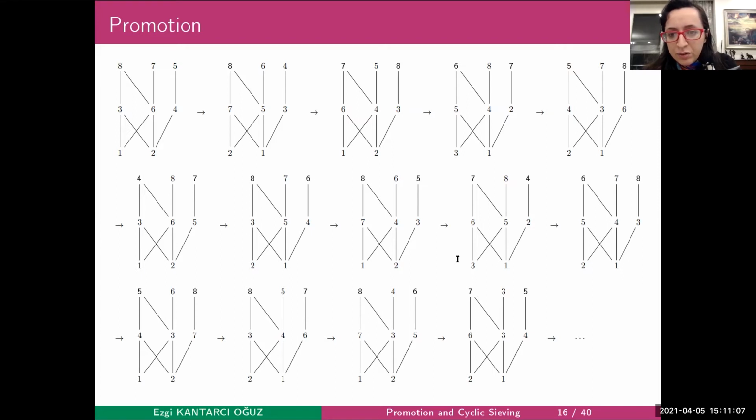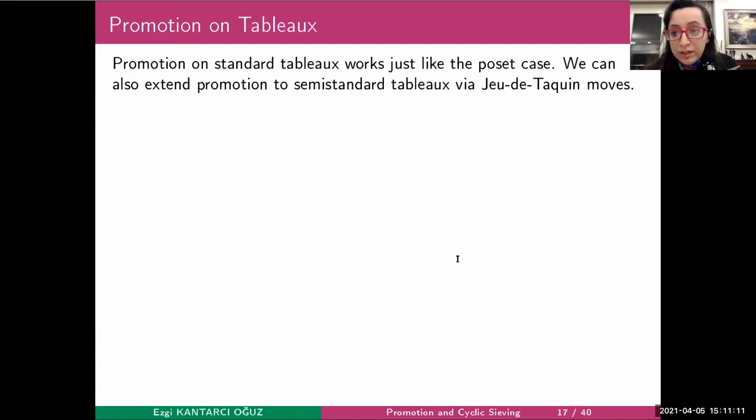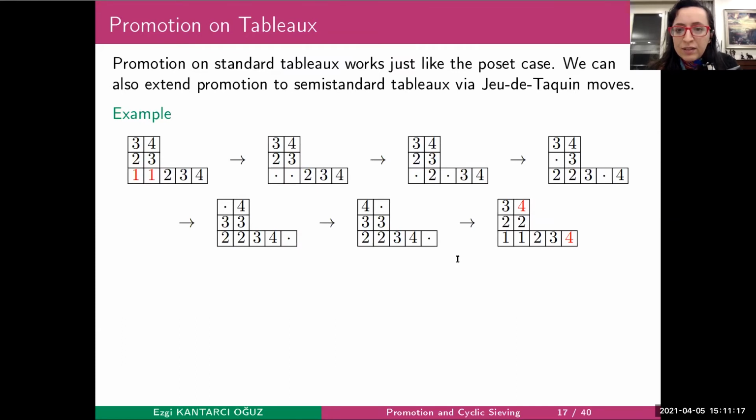This is how it works on posets, but it does work the same way on Tableau. And even in the semi-standard case, we can do the same thing, but just respecting the Tableau rules, which is basically what Jeu-de-Taquin is. This is also called the Jeu-de-Taquin promotion on Tableau, but for this talk, I'll just refer to it as promotion.